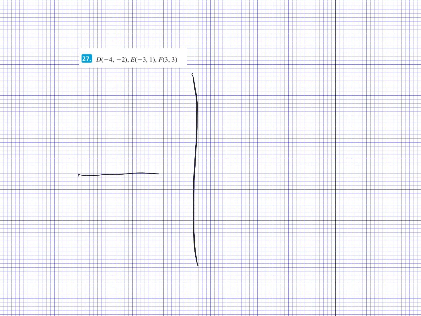All right, same thing again. Wow, that was so not straight. Negative 4, negative 2. 1, 2, 3, 4. 1, 2. There's your D. From D do we go to E at negative 3, 1. F is at 3, 3. 1, 2, 3. 1, 2, 3. All right, so D to E to F. So now we know that G has to be over here somewhere.